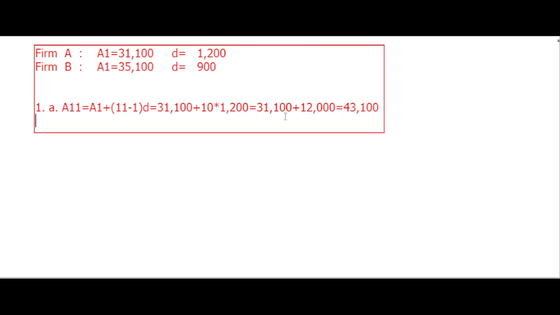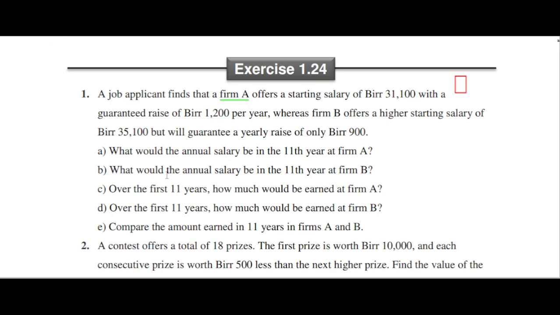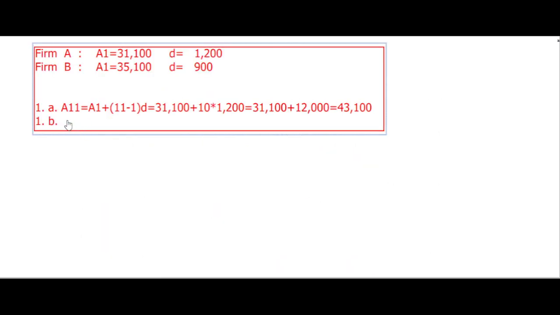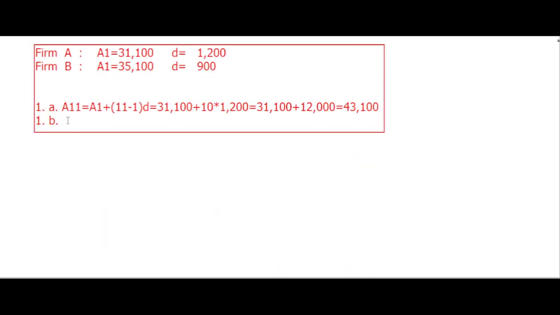Let's go to question number 1B. What do we want to find here? What would the annual salary be in the 11th year at firm B? We want to find here also A11.